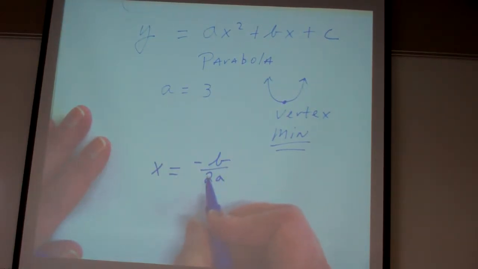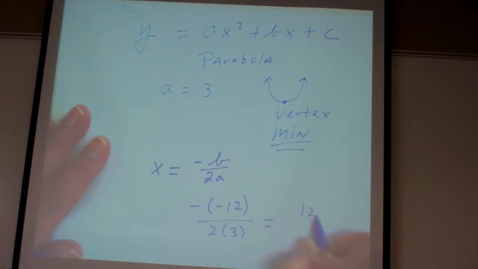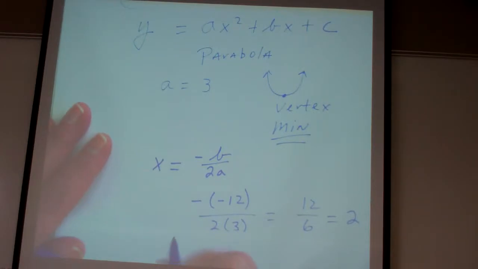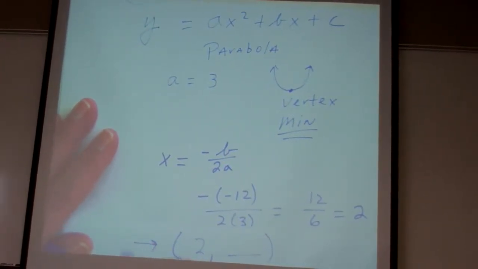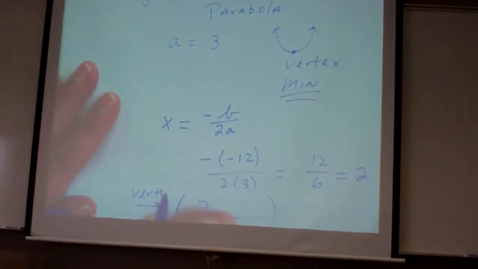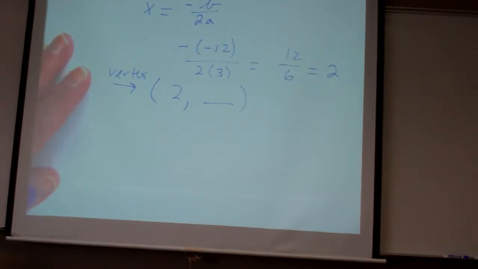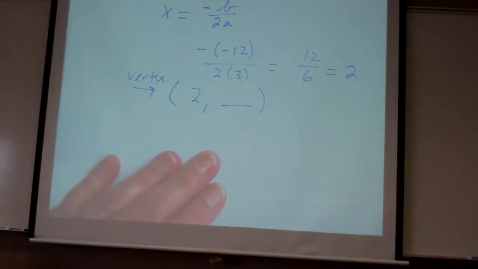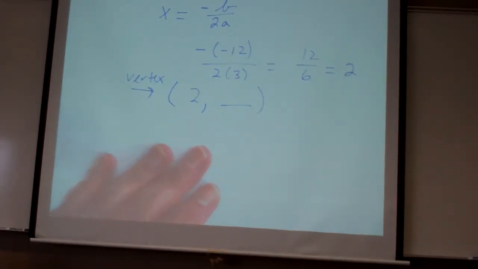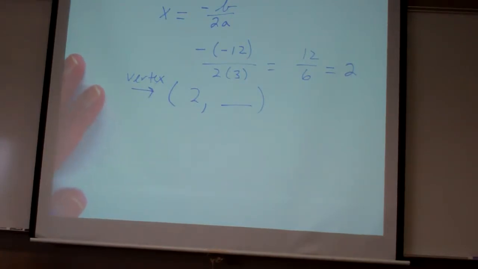In this case, it's the opposite of negative 12 over twice 3. That gives us 12 divided by 6, which is actually 2. So for our vertex, we now know the x value. In order to find the y value, we just plug our 2 back into our original equation.